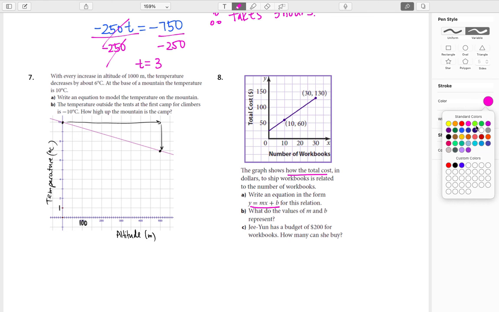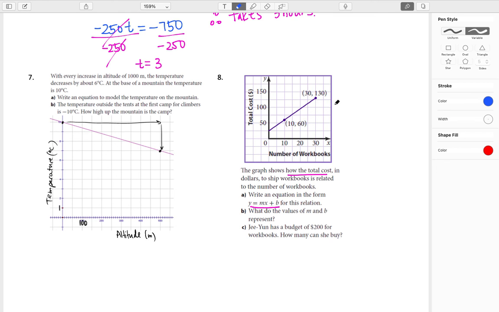In this case, we're given 2 points. As a first step, I would recommend identifying the y-intercept. It looks like my y-intercept is touching over here, and each square is going up by 25. So my y-intercept is 25.